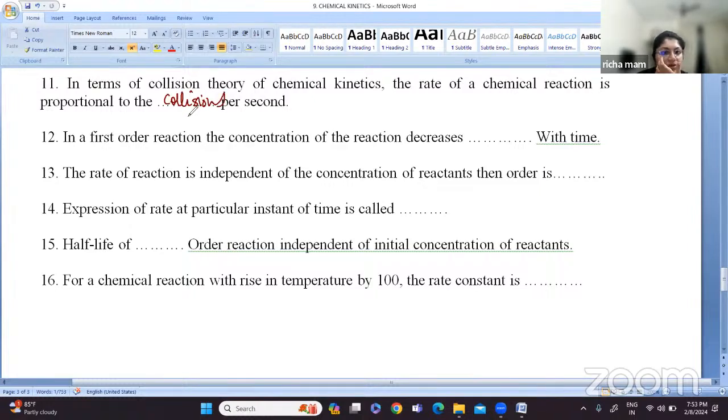Fine. In the first order reaction, the concentration of the reactant decreases dash with time.